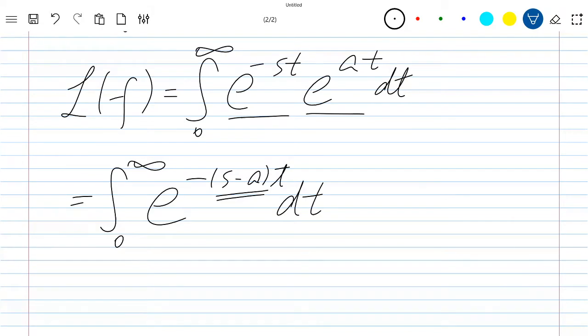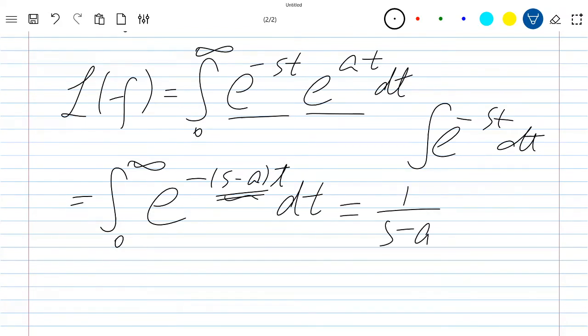Just regard this as a new s. So the answer is just that. But the condition is also changed. In other words, it's s greater than a. So the answer is 1 over s minus a, provided that s is more than a.